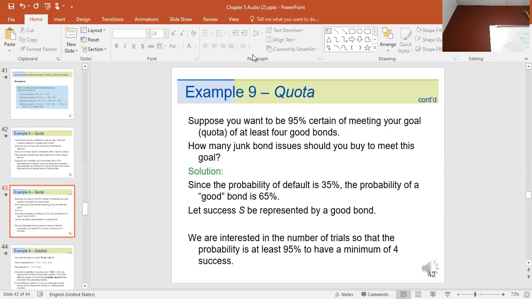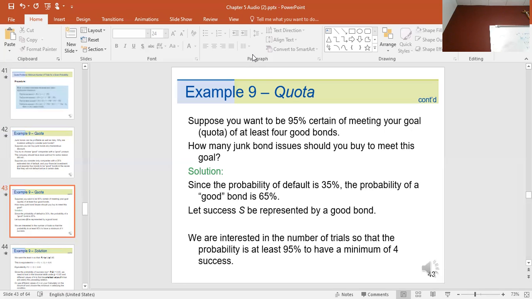And this we can write again as 1 minus 0.95 is greater than or equal to the probability that X is less than 4. And the probability that X is less than 4 is the same thing as the probability that X is less than or equal to 3, or cumulative. In cumulative, we have less than or equal to. I just changed this to that.